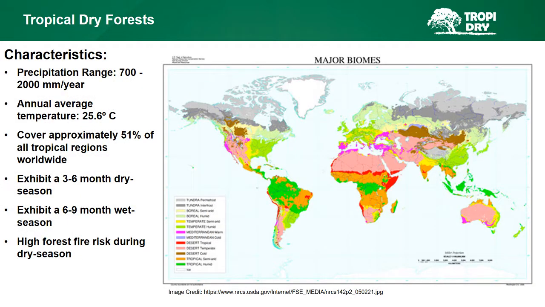So here on this map, these orange bands you can see around the world are representative of tropical semi-arid forests or tropical dry forests. And as you can see, they do extend to a large degree around Africa between the Tropic of Cancer and the Tropic of Capricorn.